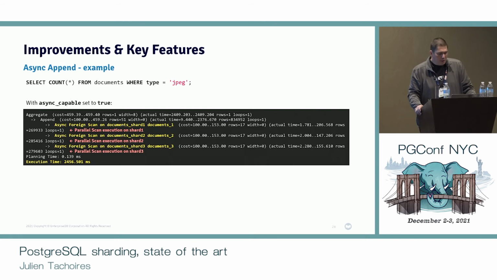So the execution time is twice as fast as without async append, so this is a big win. But we should keep in mind that there is no parallel mechanism involved on the coordinator side, just asynchronous execution. But making things asynchronous leads to parallel executions on shards.